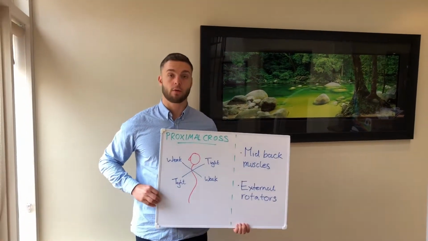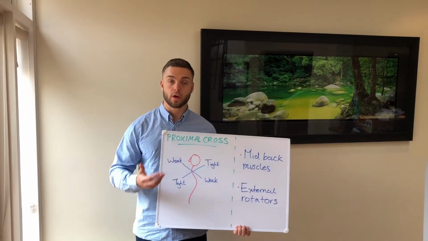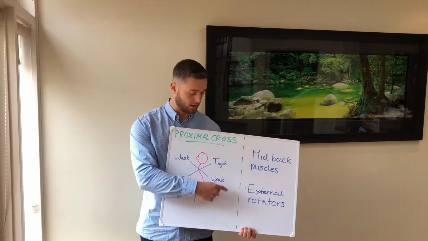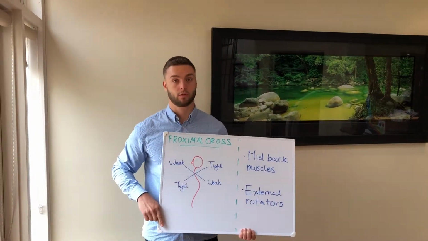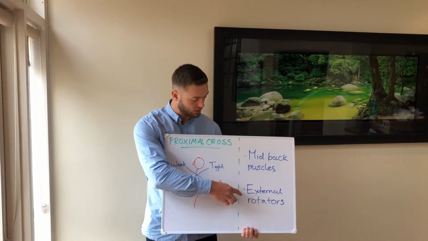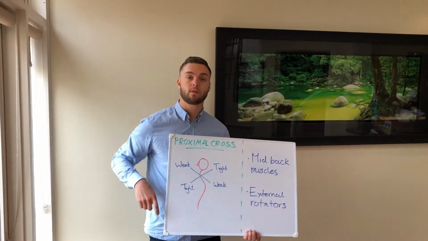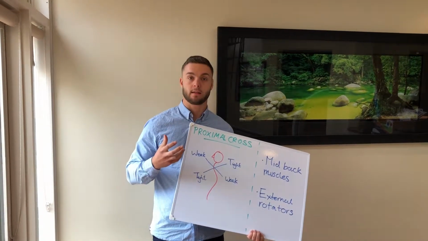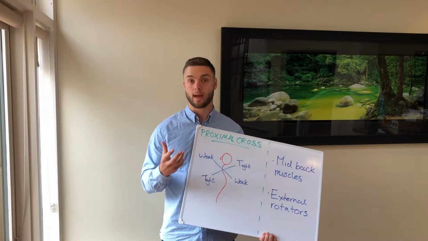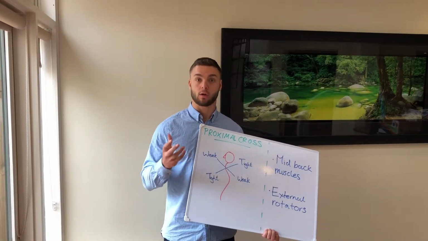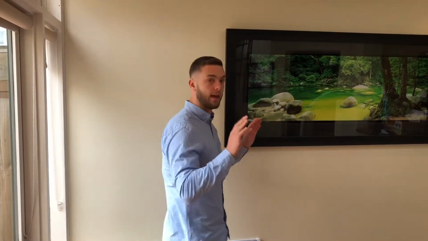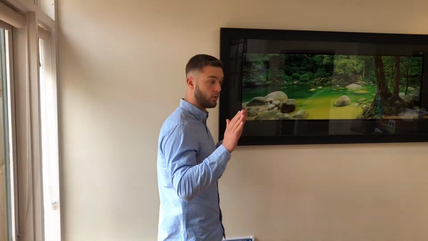Now for this video, what we're going to be doing is showing you the first stage to build some awareness and strength in your scapular stabilizing muscles. Okay, so these muscles are your mid-back muscles and your external rotators. So what happens when these muscles aren't stabilizing your scapula, and your nervous system isn't as aware of these muscles and can't control and coordinate them as well, is you get what we call an anterior tilt of your shoulder blades.